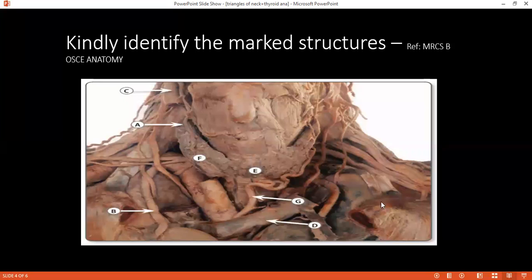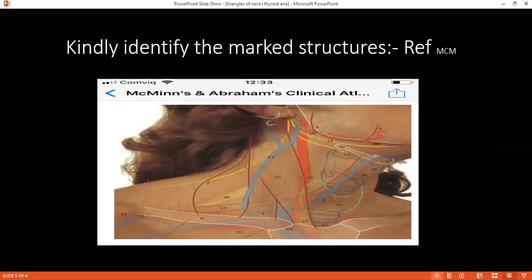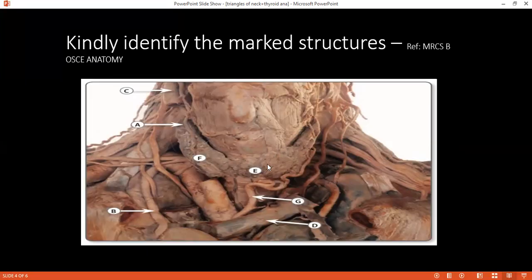Good. Can you identify number F here, please? Number F is the right lobe of the thyroid. And E, please? E is the isthmus of the thyroid. Can you tell me the extent of the thyroid gland, its surface anatomy?